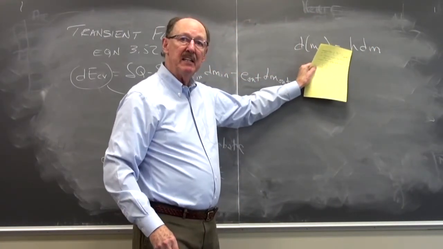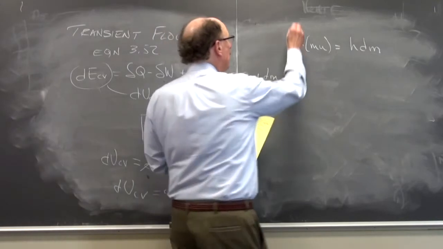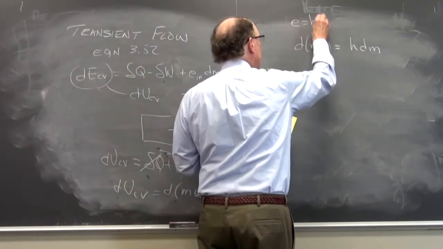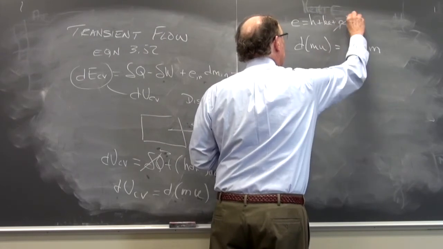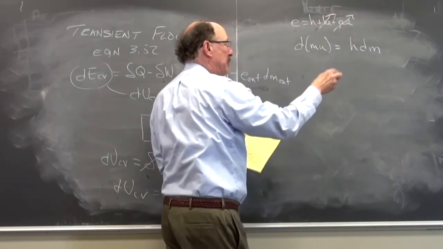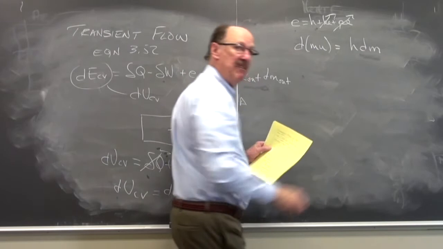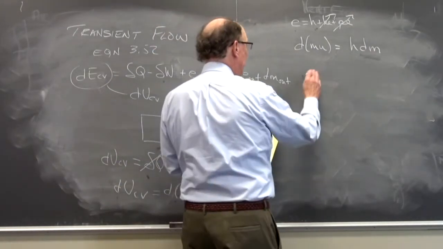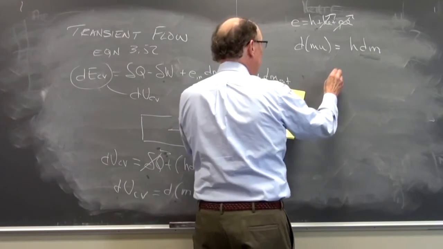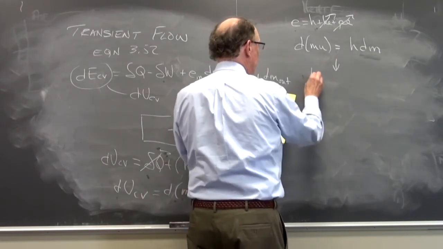We've neglected the kinetic and potential energy. So E is equal to H plus KE plus PE. These terms go away, and we're just left with H. And this is the mass leaving.